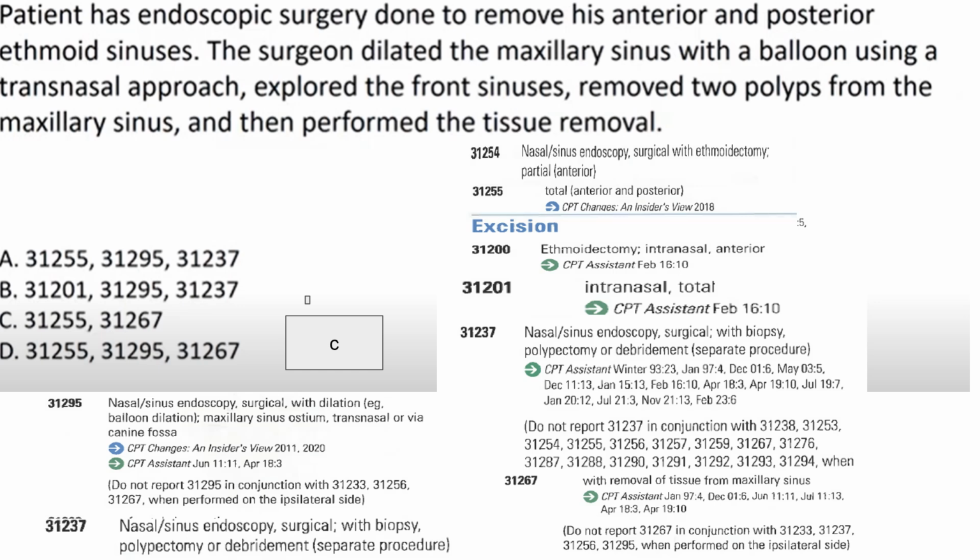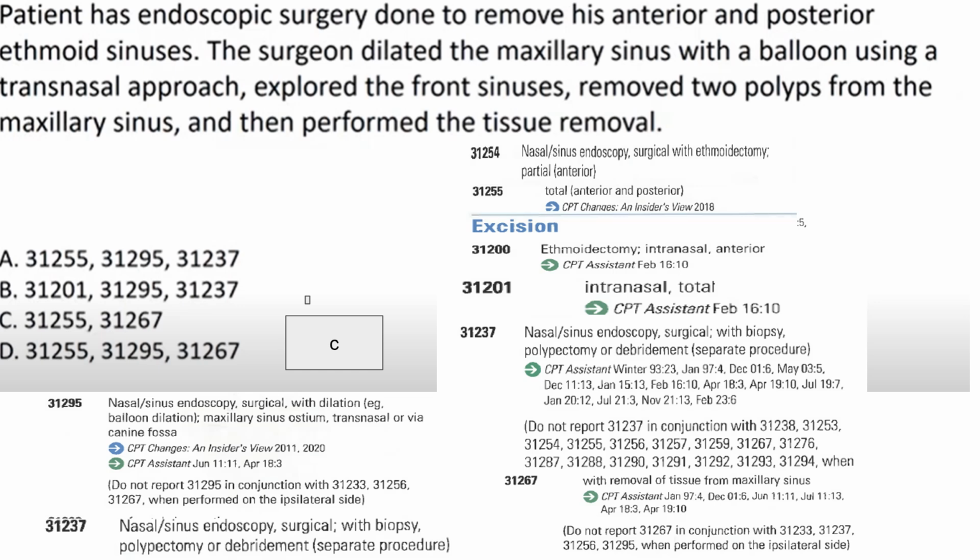Now, if you see all other codes, there are many parenthetical notes, and those notes will help you exclude many options. For example, 31237 is the code for endoscopy surgical with biopsy, polypectomy or debridement. And below that they have written do not report 31237 along with 31255. So we cannot take option A. 31201 is an excision, that is a surgical procedure without a scope.